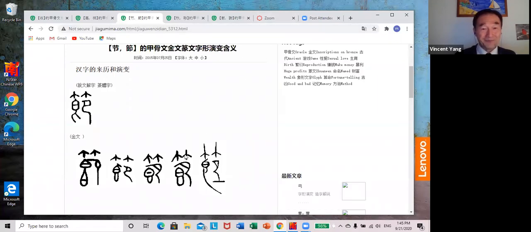All right. The meaning of the whole character rests upon this bamboo leaf, okay, because we have mentioned that the bamboo plant has segments, actually spread out the entire plant. And the segment, of course, functions as some kind of regulator. So from the segment, you get a sense of to regulate, okay, and the holiday is a time for people to regulate or control their calendar.